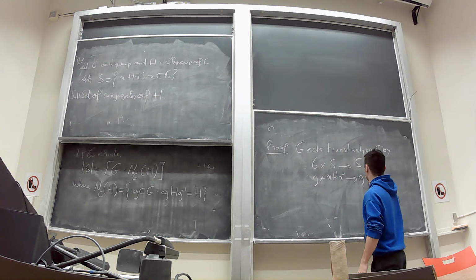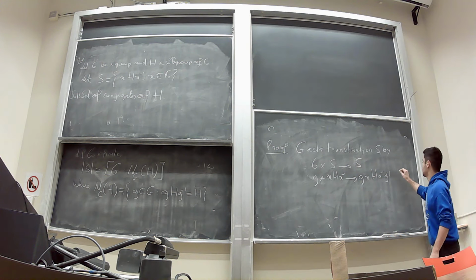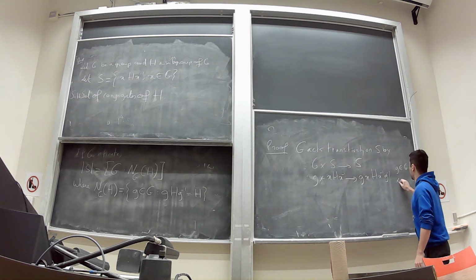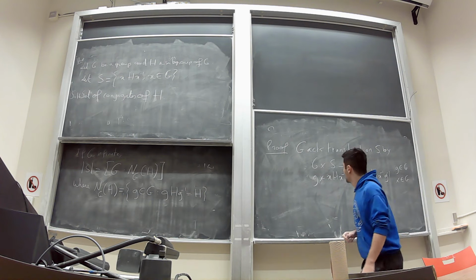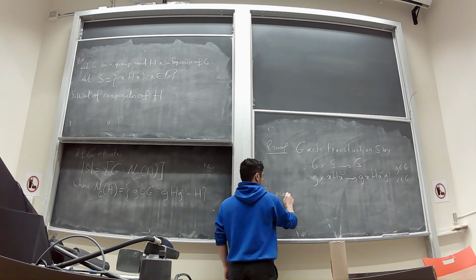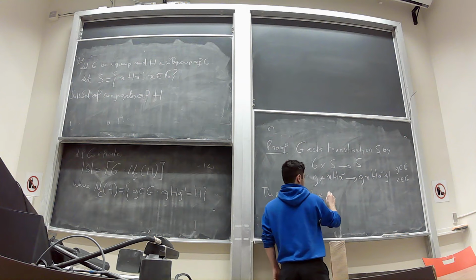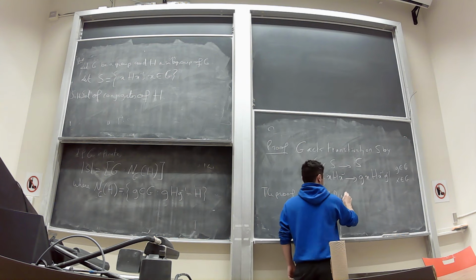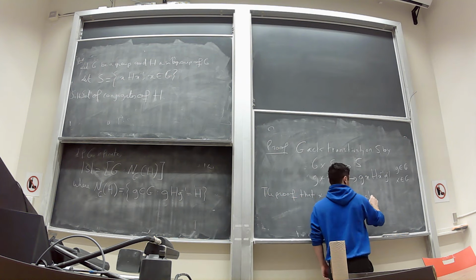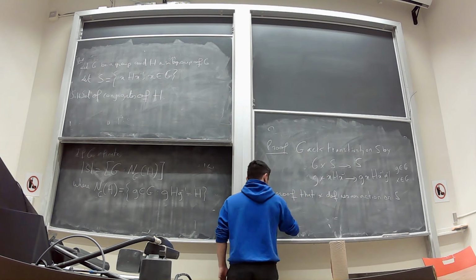Very good, Victor. Thank you. You remember this? We've seen this in the homework, where g is in G and x is in G. The proof that star defines an action on S has been done in the homework.